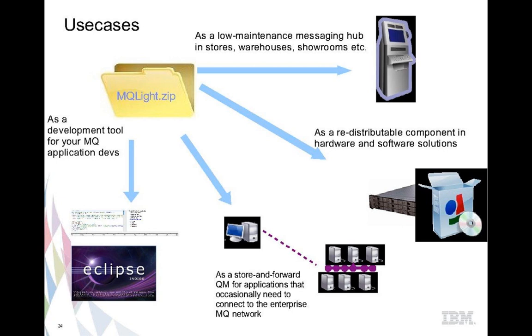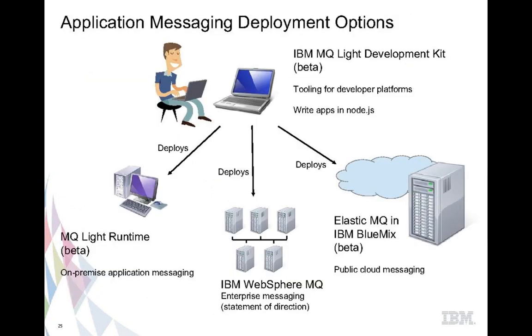The deployment options. It can be on the MQLite runtime, which is on-premise application messaging. You can have the MQLite runtime running on your computer, and you can deploy your application on the same computer, which connects to the runtime to send and receive messages. It can be on Elastic MQ running on IBM Bluemix, which is again a beta offering, and it's public cloud messaging.